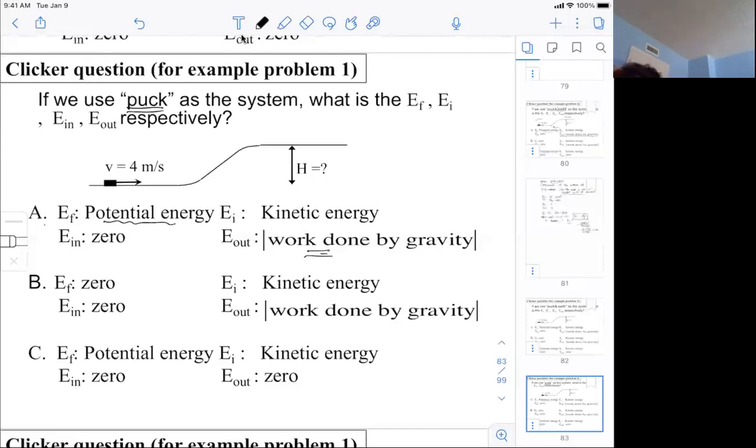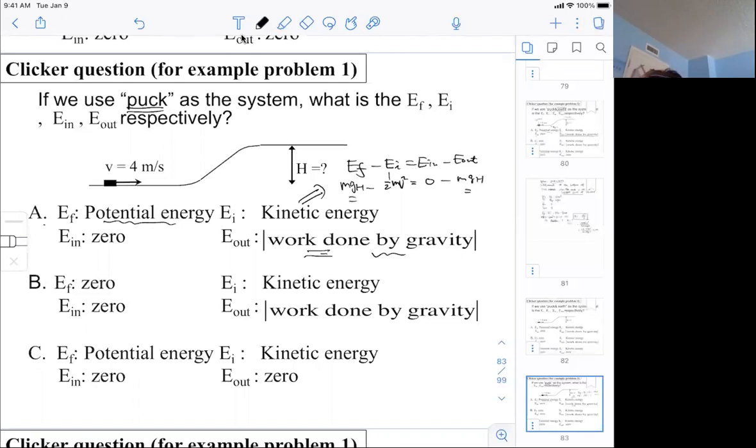So if we were to choose A and C, how is this going to work out in our energy equation? You will plug each of these individually into this energy equation. Now, final energy, if it's potential energy, you would do mgh. Initial is kinetic energy. Input is 0, output is work done by gravity, so you will have that mgh again. So you have these show up 2 times.